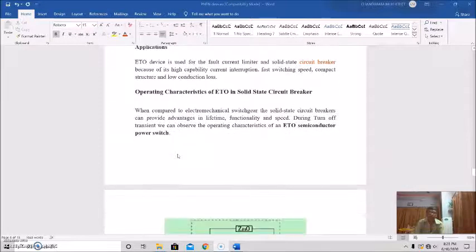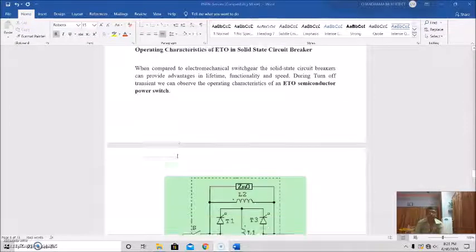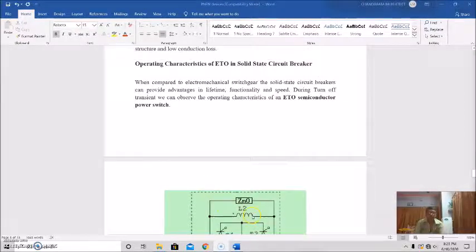Its operating characteristics in the solid-state circuit breaker are discussed in this circuit diagram. When compared to electromechanical switchgear, the solid-state circuit breakers can provide advantages in lifetime, functionality, and of course speed.